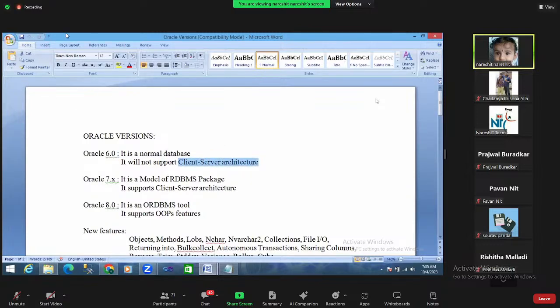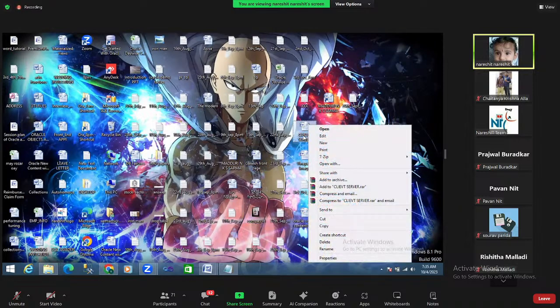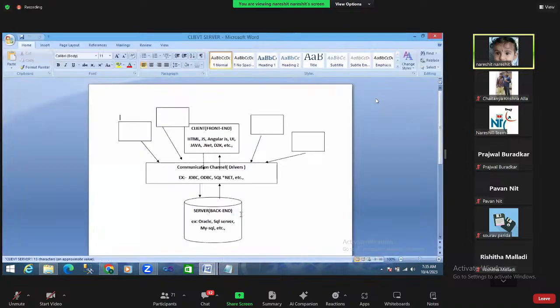What is the meaning of client server architecture? This is the client server architecture diagram. We have multiple clients, multiple systems.